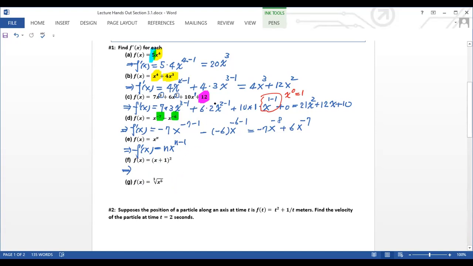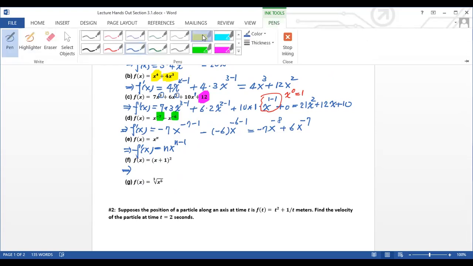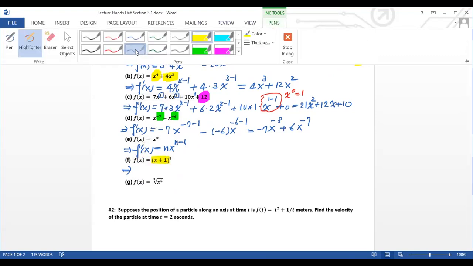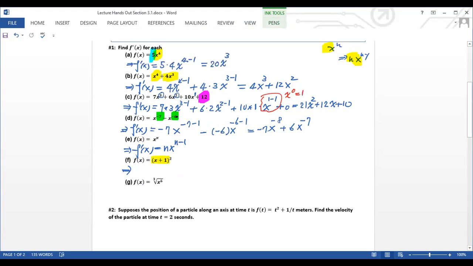In here, we know the general power rule is x to the n, right? So then the derivative will just be n times x to the n minus 1. So remember here, it's only x. But in here, I have x plus 1. It doesn't match my general power rule, so I cannot just move the exponent down. Even if the final answer will be similar, the way we do it, let's FOIL it.